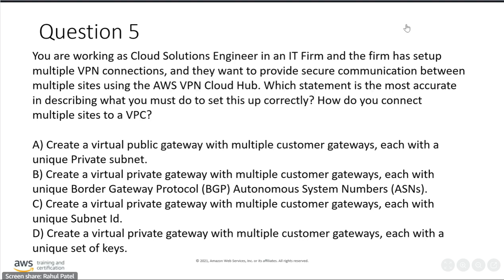Which statement is most accurate in describing what you must do to set this up correctly? So the answer here is B. Create a virtual private gateway with multiple customer gateways, each with unique Border Gateway Protocol (BGP) autonomous system numbers.